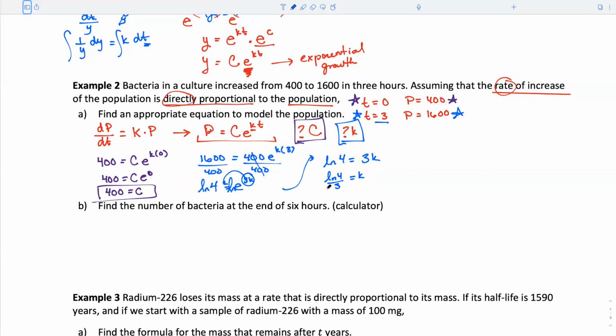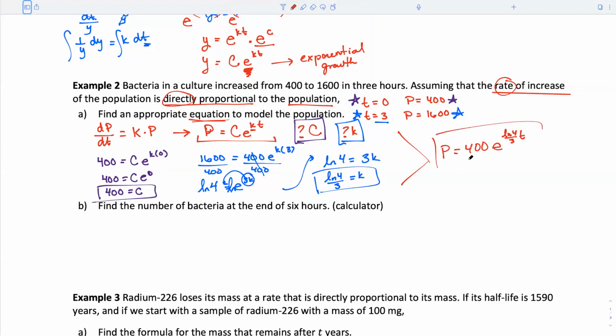And now that we have our k value and we have our c value, I have an equation of the model. And that is going to be, we used p, that's going to be p equals 400 e to the ln of 4 over 3 times t.